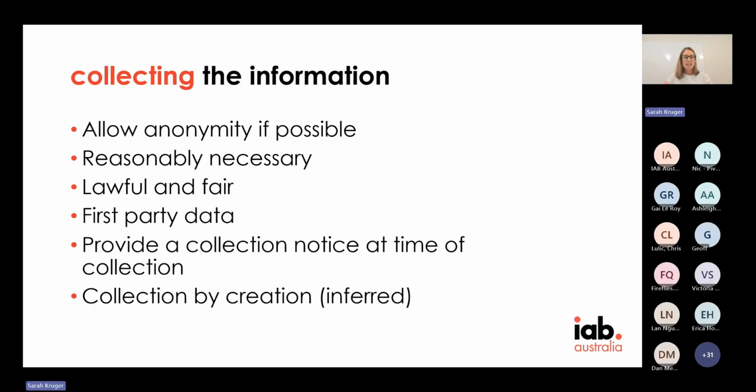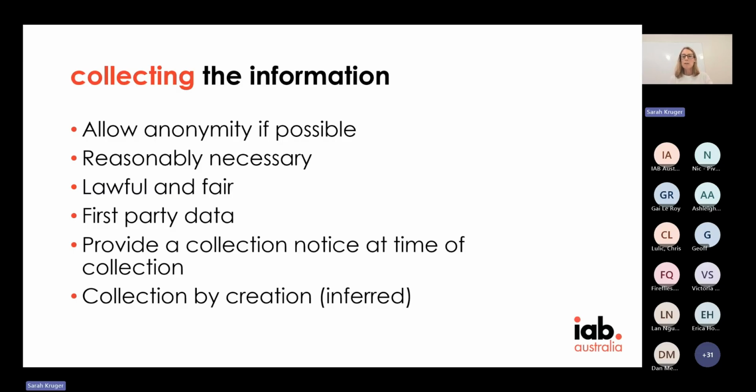First, collecting the information. The principles say, and I'm going to do this at a very high level, otherwise I will lose you all and you won't remember. So just try and remember the basic principles. The OAIC has a lot of detailed information if you're on the legal side and you need that. Allow anonymity if possible.